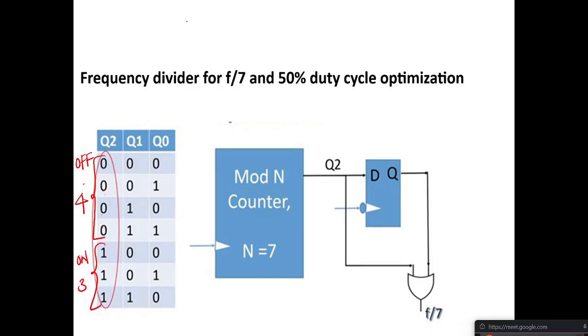So 7 by 2 is how much? 3.5. So it should be on for 3.5 clock cycles and off for 3.5 clock cycles in order to get a 50% duty cycle. So you need to alter the frequency by how much? 0.5. For this you need to use a negative edge trigger D flip flop. Okay, understood.